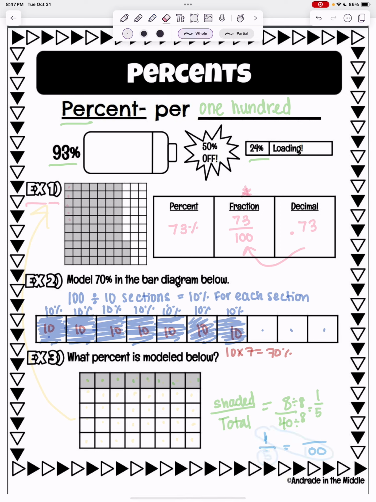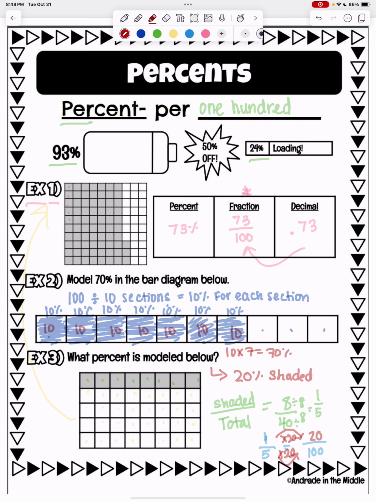But I see a relationship that might make my math a little bit easier. We can get from 5 to 100 by multiplying by 20. If I multiply by 20 on the bottom, what am I going to do to the top? Times 20. What is 1 times 20? It is 20. So what percent of the model is shaded? 20% of the model is shaded.